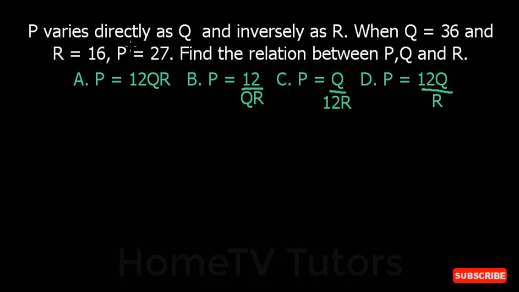P varies directly as Q and inversely as R. When Q is 36 and R is 16, P is 27.